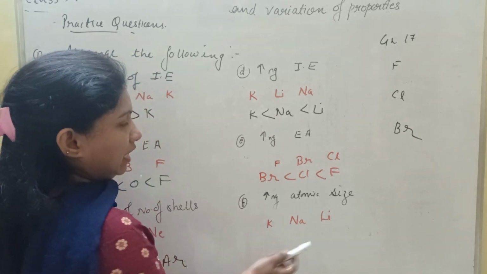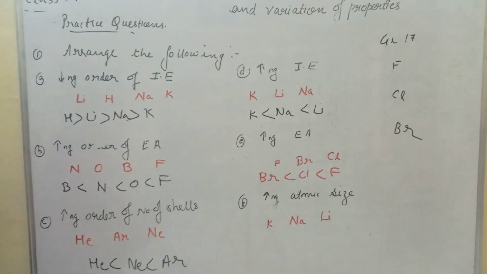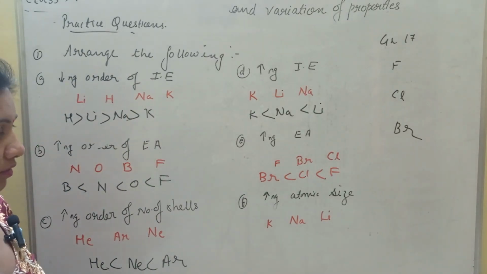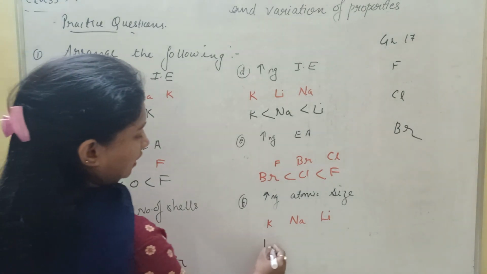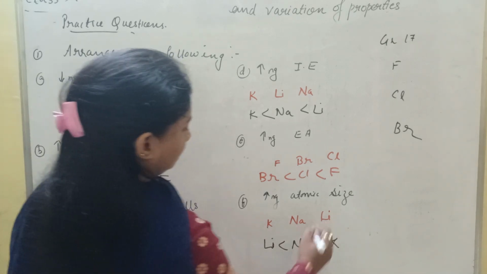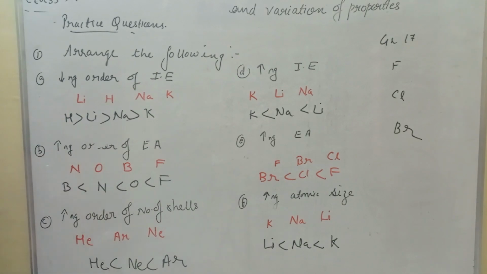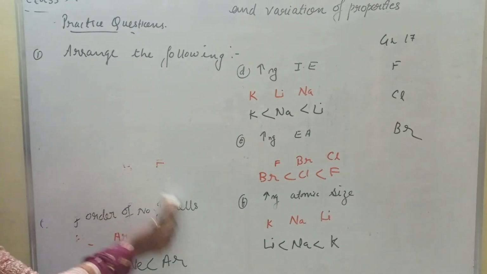First group elements, as we move down the group, with the addition of new shells, the size increases. So the biggest size will be for potassium, and lithium will have the smallest size, then sodium, then potassium. So this is how you have to solve this type of questions along with the reason. If it is asked to write the reason, then you have to write the reason also.